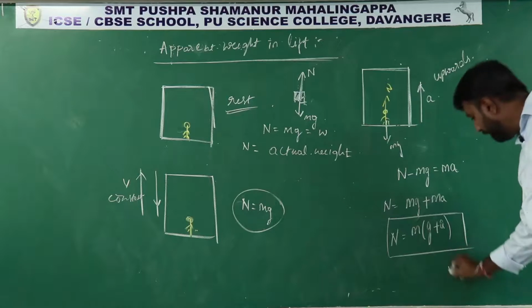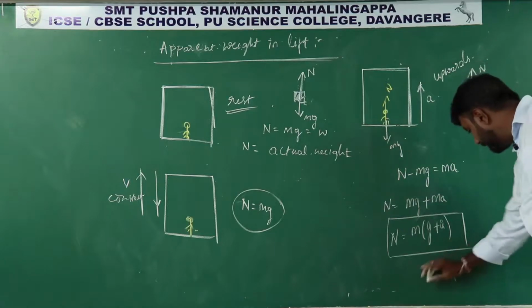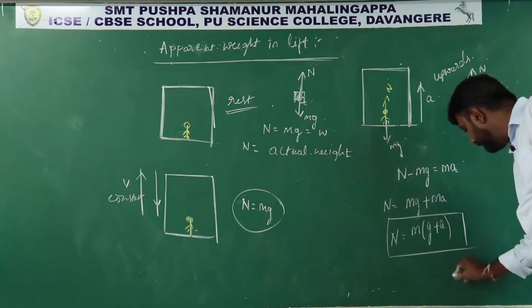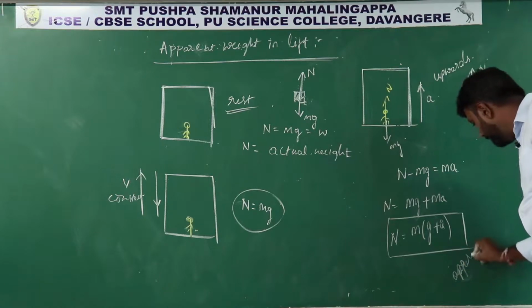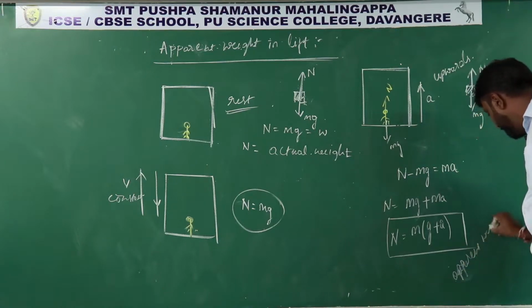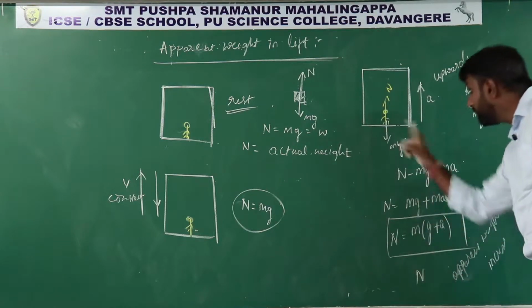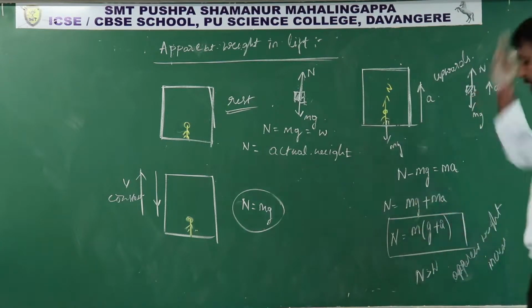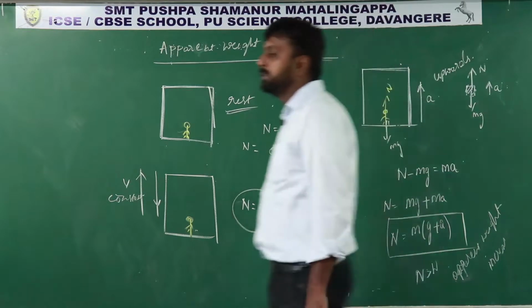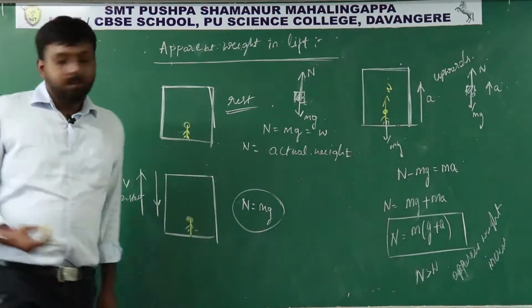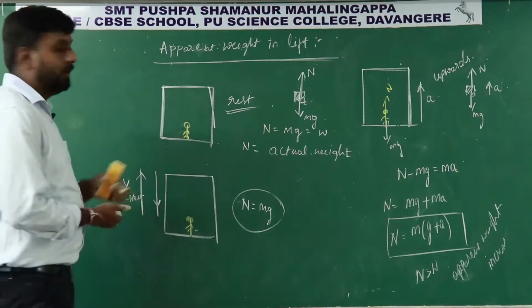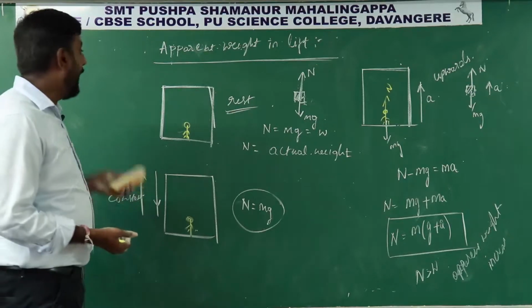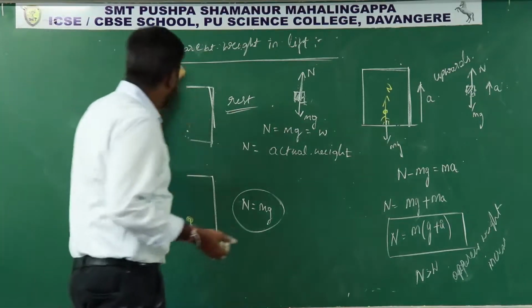That means the apparent weight has increased. Here N is not equal to W, N is greater than W, the weight of a person, when it is moving upwards with some acceleration.